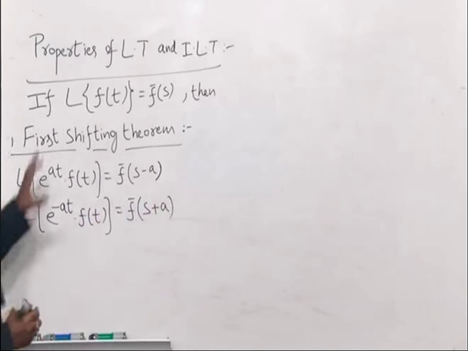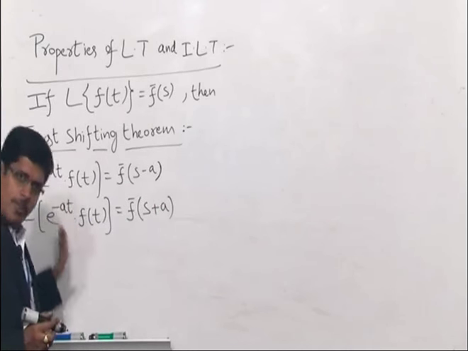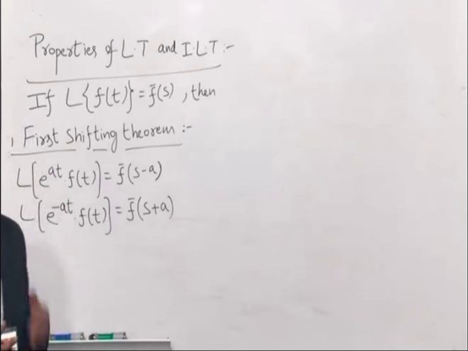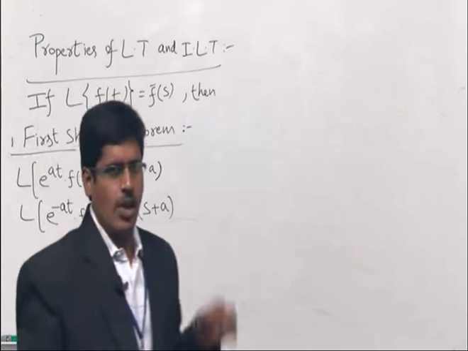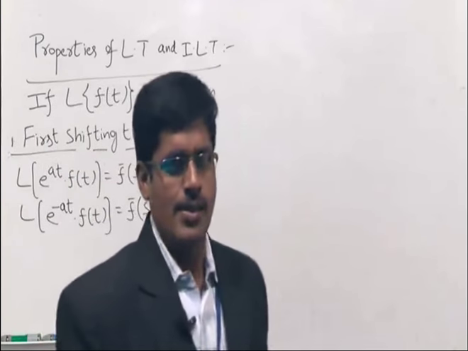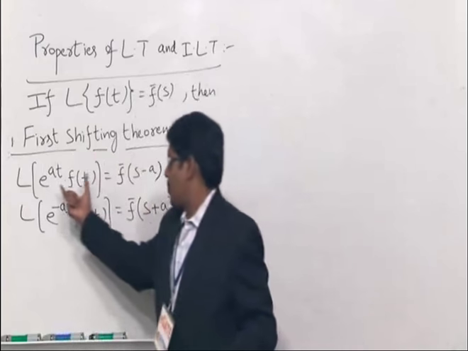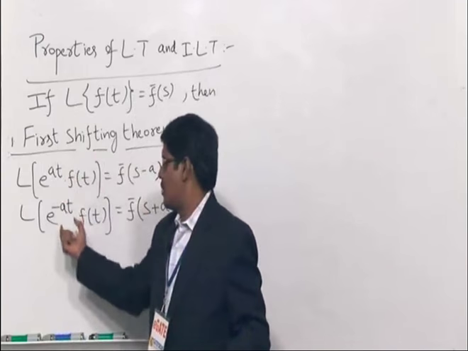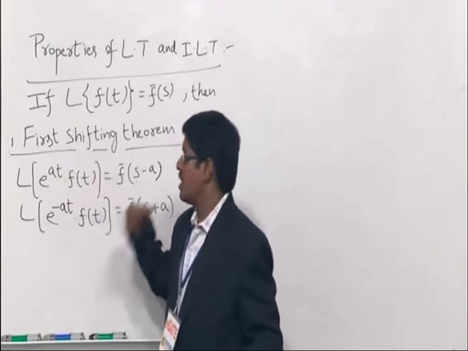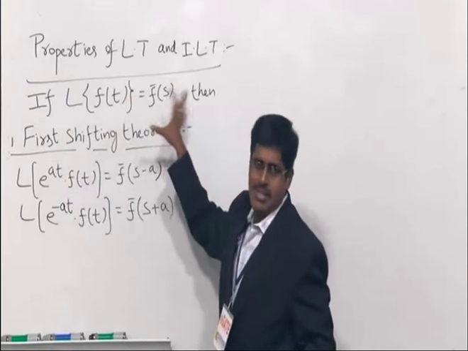Let me explain. In the given product of t terms, one of the terms is e power at or e power minus at. Then you take the remaining terms as f of t. That means in all these problems, you properly identify f of t while comparing the problem with the properties one by one. Once you take f of t, find its Laplace, giving some f bar of s.